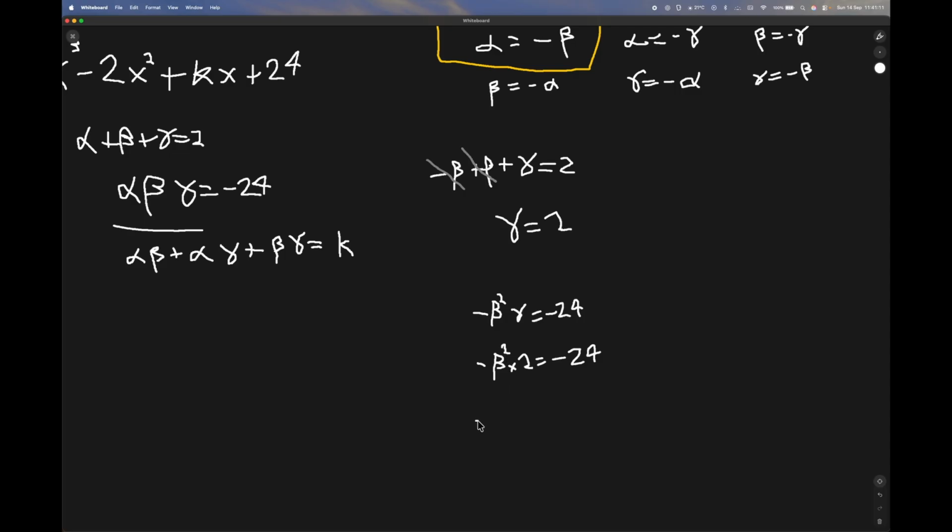So negative 2 beta squared equals negative 24, so let's times both sides by negative 1. We're going to cancel out the negatives. So 2 beta squared equals 24.